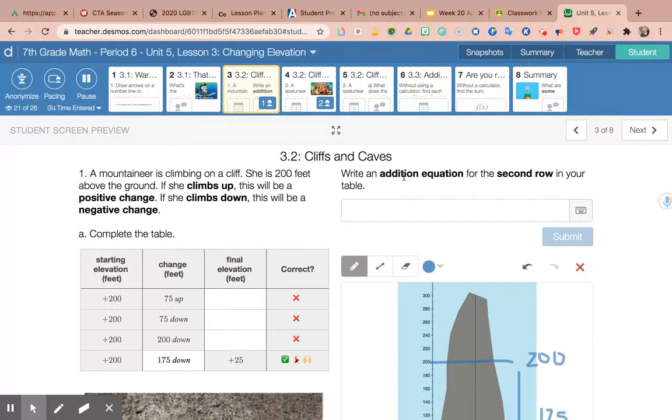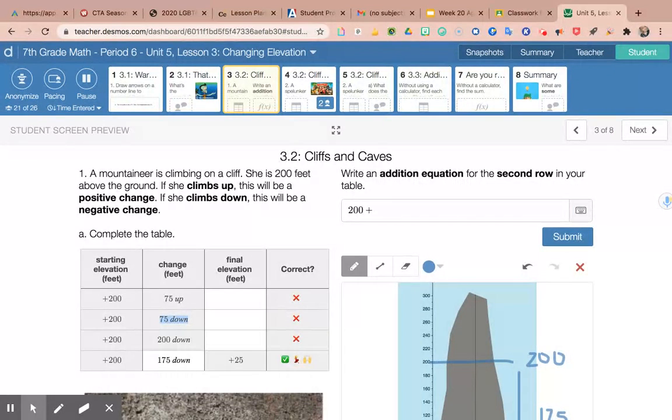Number 2, it says write an addition equation for the second row in your table. So here's the second row. So this is one row. This is the second row. Addition equation. So first number plus the second number. Well, the first number is positive. It's an addition equation, so I'm going to put plus, no spaces. Second number is down 75.